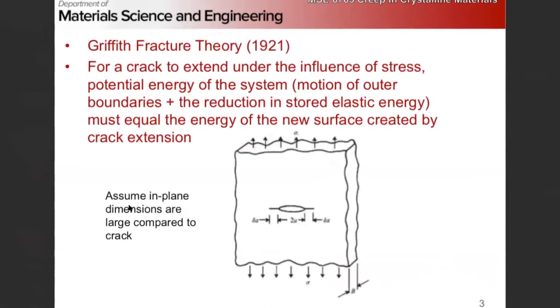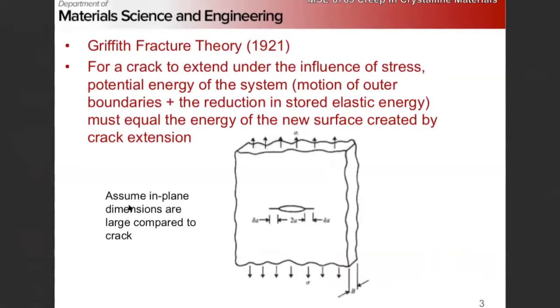Okay, so this all goes back to 1921 Griffith fracture theory. You probably have seen at least this idea before. What Griffith did was a fairly straightforward analysis and said that if I have a crack, if this crack is going to grow, the potential energy reduction of the system by the relaxation caused by this crack growing has to be equal to or greater than the energy cost of creating a new surface.